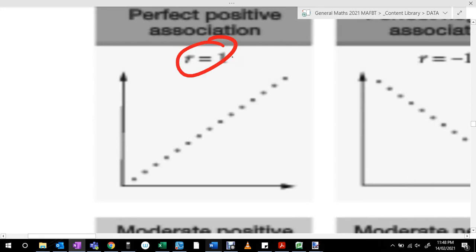Now, 1 being the highest number you can have for R value, meaning that it's a perfect positive association. So it's a positive 1. Also, think of it as the straightest a line could be. And you can see that the dots are basically a straight line. So this has an R value of 1.